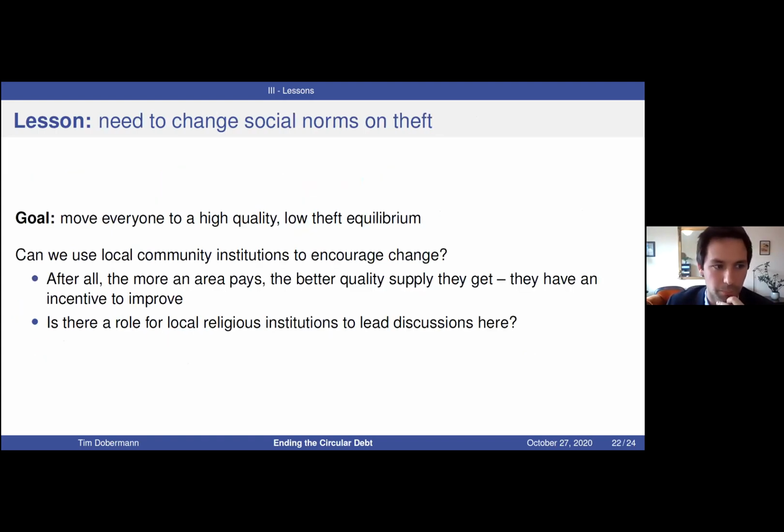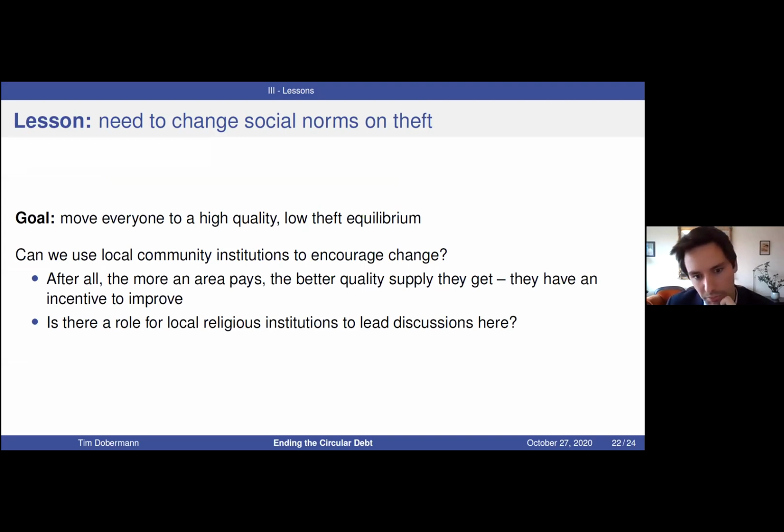But even stepping back, one lesson is that, fine, we can provide all these incentives. We can think about ways to create incentives for reducing losses. But one view, and this is by no means the sole view on the question, is even broader and thinks about the need to change social norms on theft.